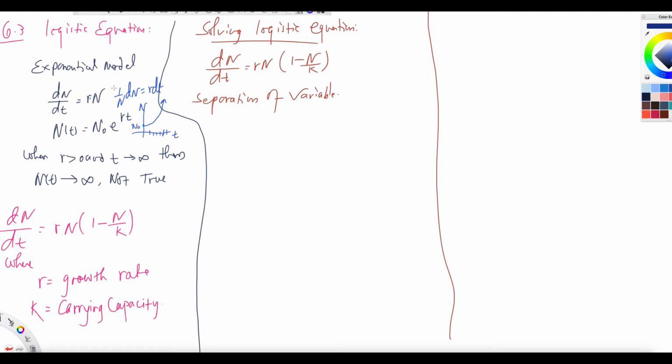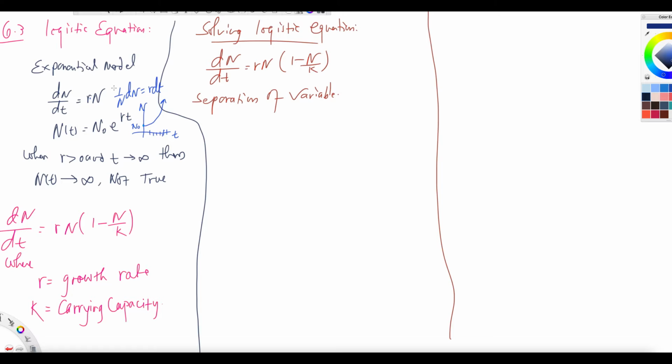The population will be bigger and bigger, right? But in reality that is not correct, because the population does not grow indefinitely, right? Because the population growth depends on so many other things, for example, the availability of food or resources, right?